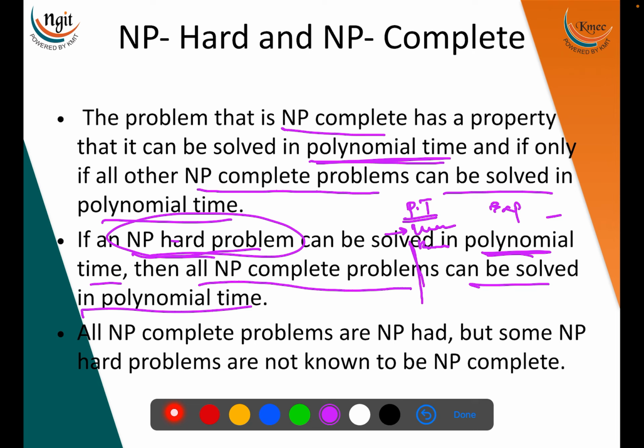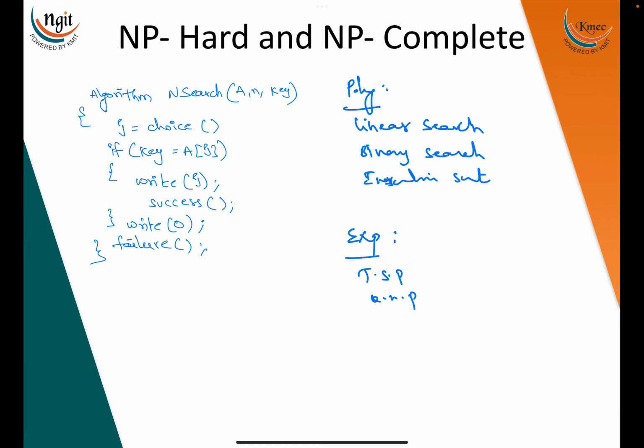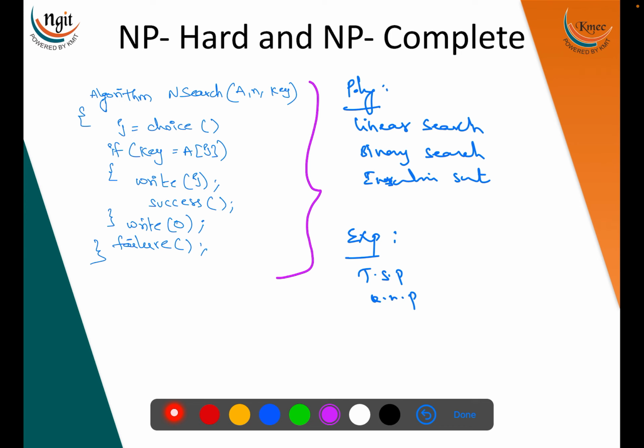Because in the earlier video we discussed this: if you have some searching algorithm, we go to that statement. Now let's see this one. This is a non-deterministic algorithm, because you know only a few steps. What are those few steps?